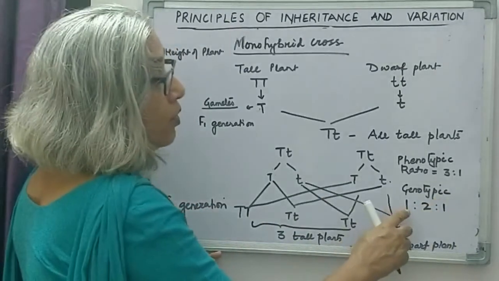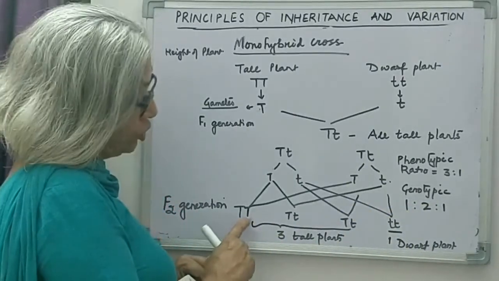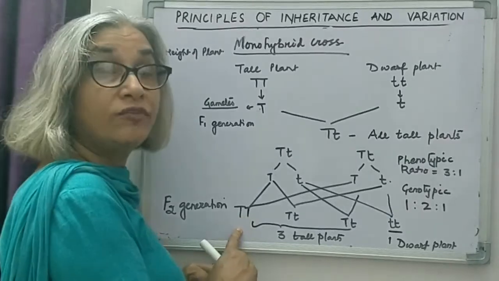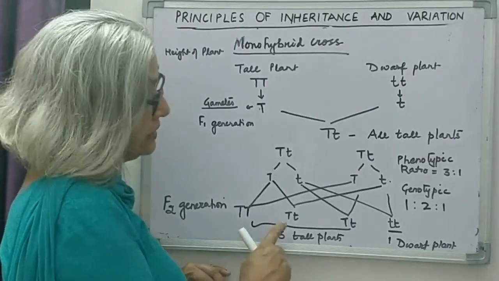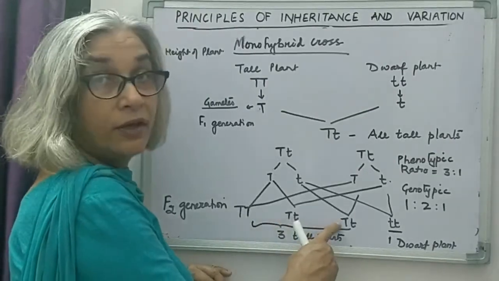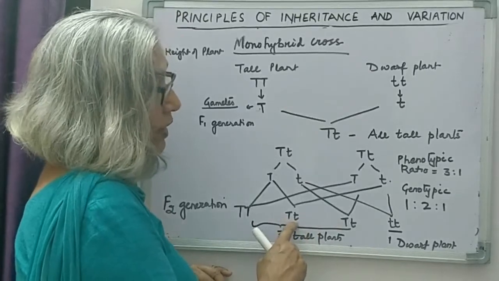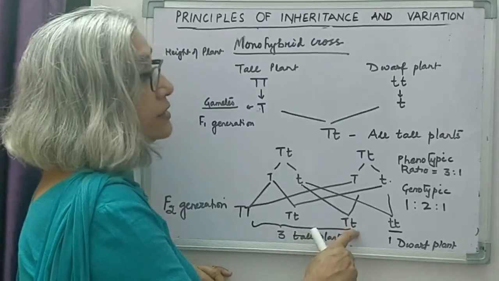Or we can say 1 is homozygous for tallness because the 2 alleles of the same character are dominant. These 2 are hybrid because of 2 forms, one is dominant, the other is recessive.